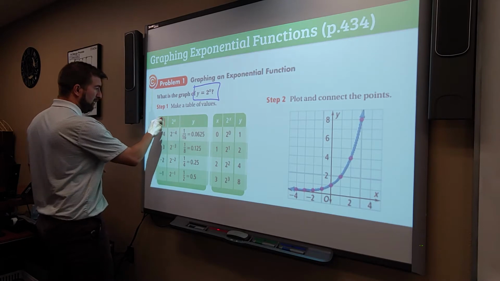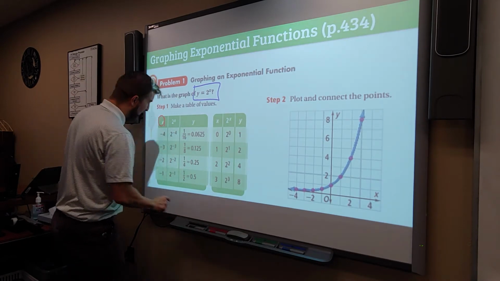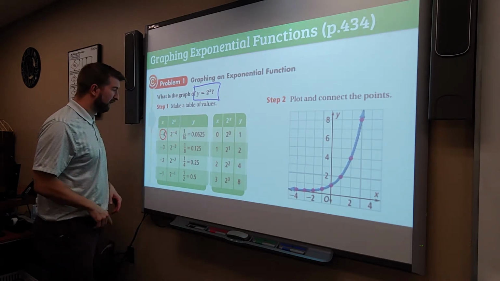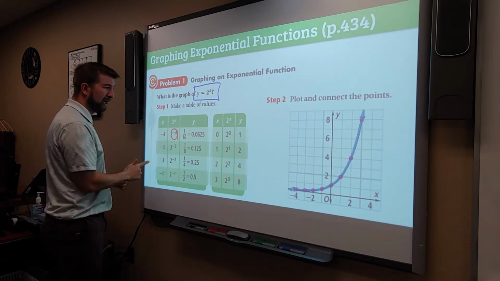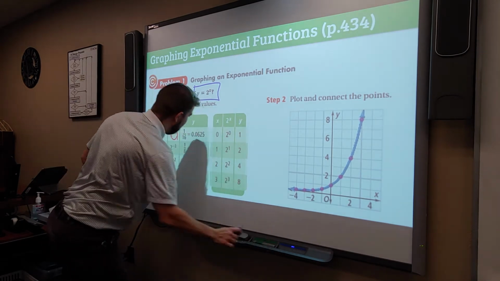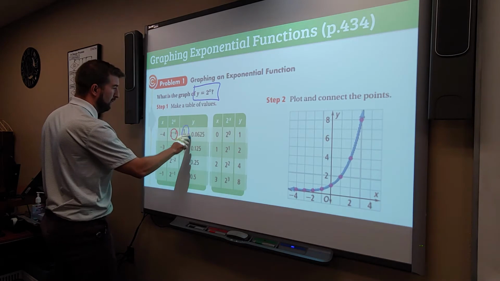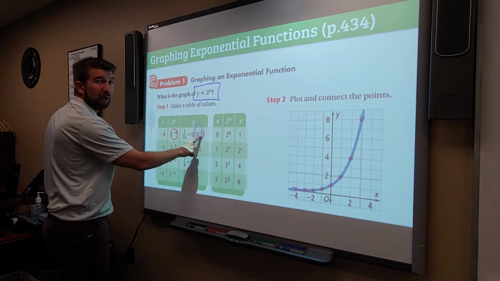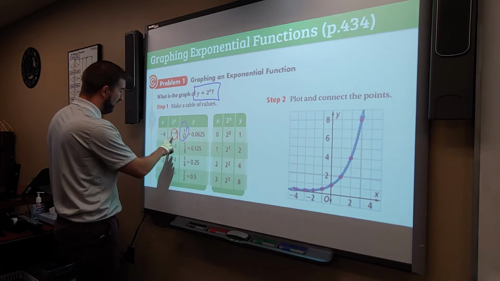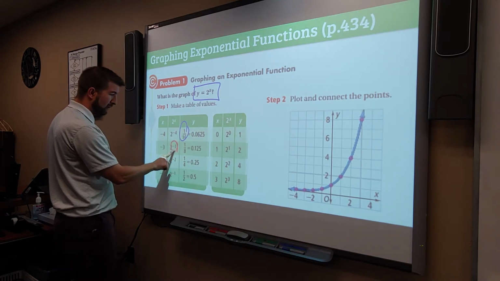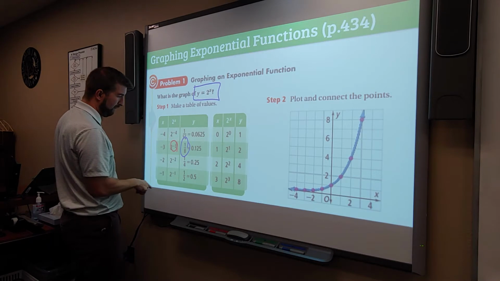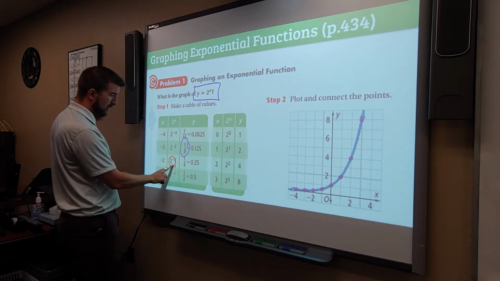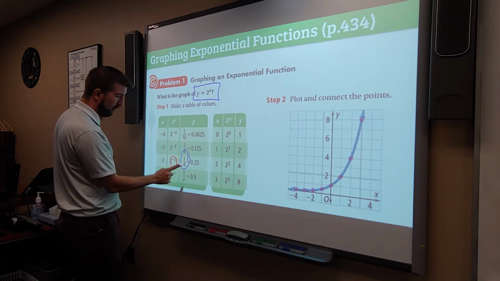For the x, they plug in -4, and their answer for y is 1/16, or 0.0625. Then they plug in -3, and they get 1/8. Then they plug in -2, and they get 1/4.